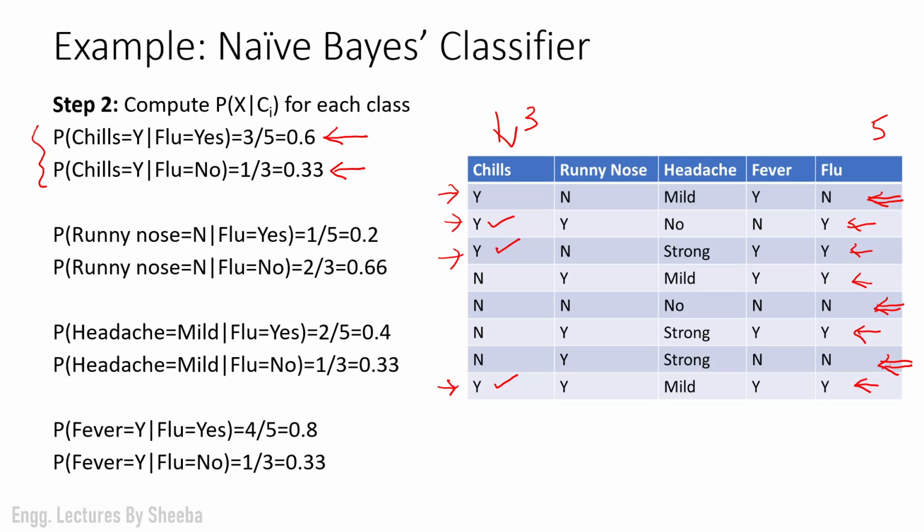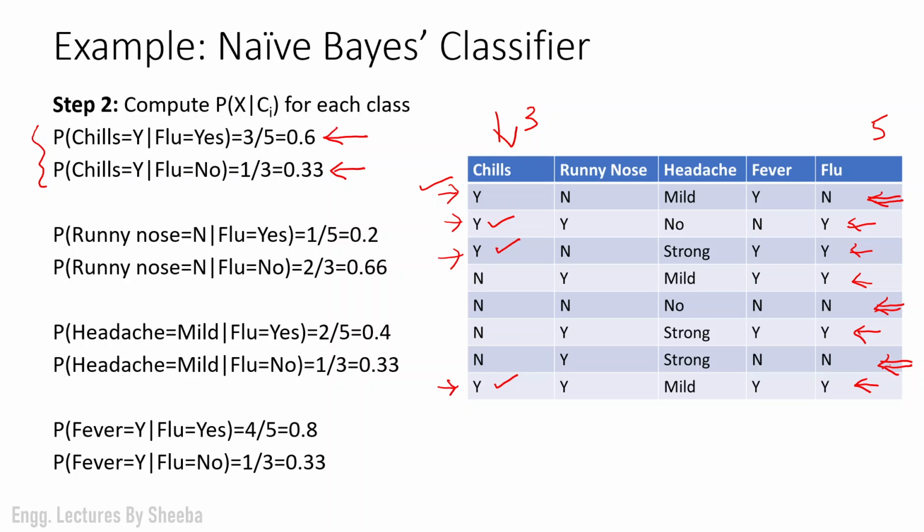So chills is equal to Y and flu no, how many are there? Here you have 1. Then we have only 1. And how many are there for no? No is 1, 2, 3. So 3 tuples are with flu no. So out of no, how many are chills Y with no outcome? That is only 1. So 1 by 3 is the probability. So it is 0.33.